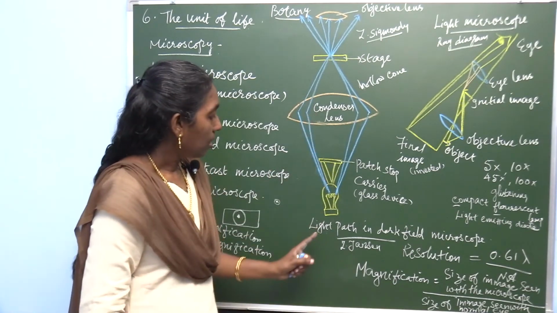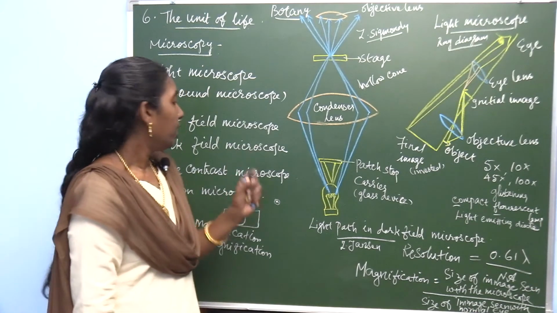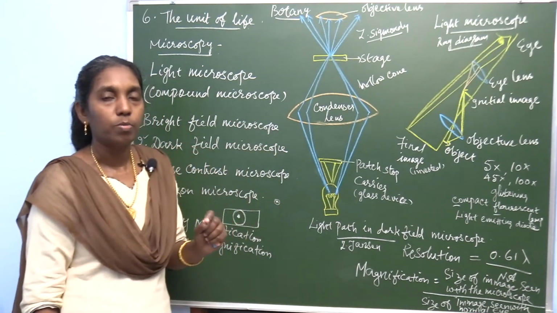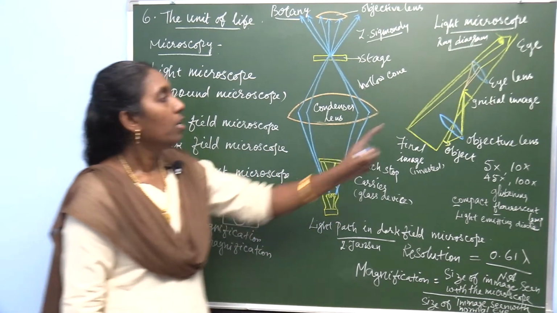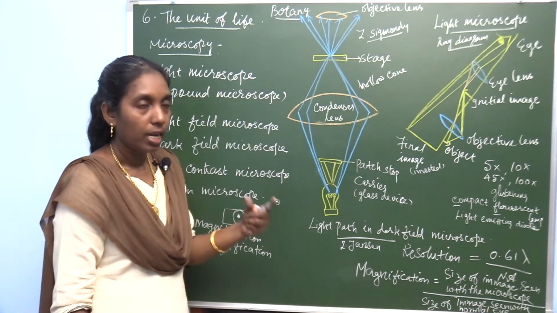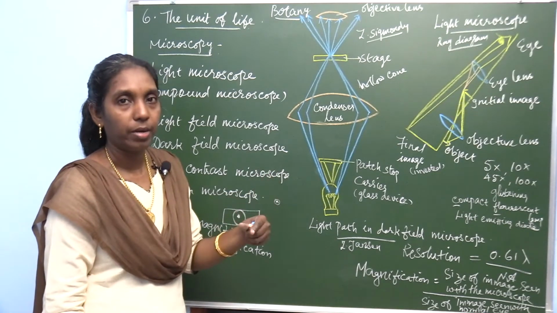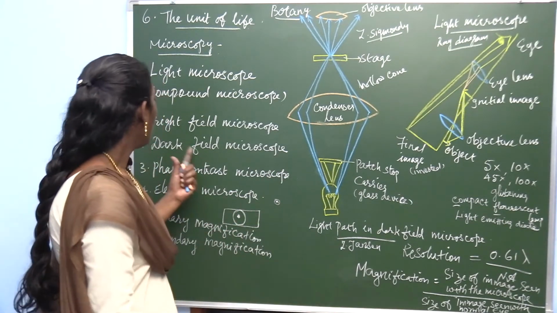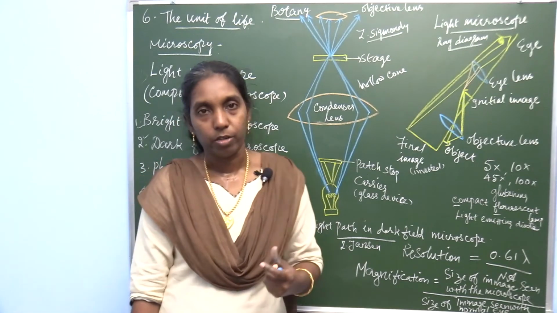Let's see the dark field microscope. So the first type of microscope is the bright field microscope. Draw this diagram and explain how it works. There are 2 different lenses which magnify the primary image as well as the secondary image. Now the dark field microscope.